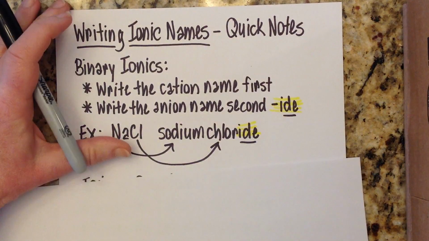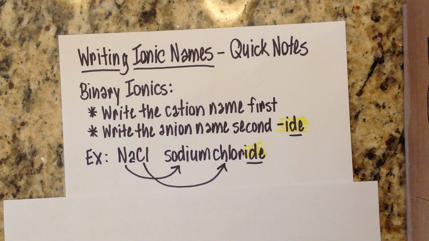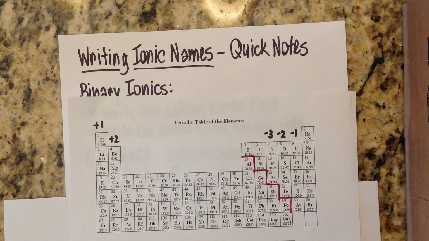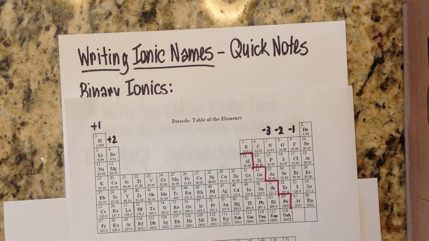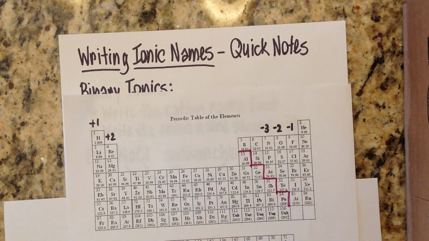So today, what I would title this lesson, if you're taking notes, would be writing ionic names. And we're going to start with binary ionics. That means we have a metal and a nonmetal, and that's it. Remember our metal, nonmetal, cation, anion, positive, negative. It works really well because we read the periodic table from left to right like a book generally.